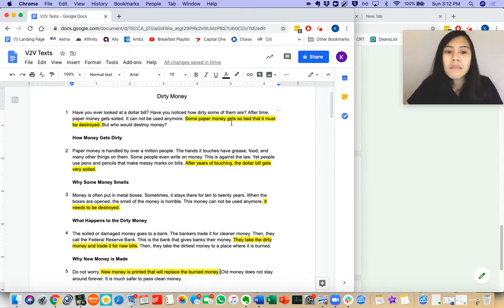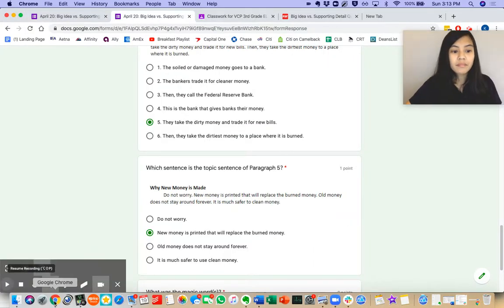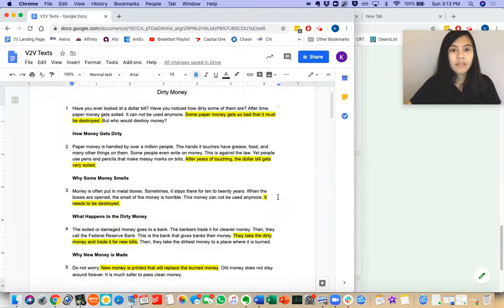Some paper money gets so bad that it must be destroyed. After years of touching, the dollar bill gets very soiled and it needs to be destroyed. Scholars, from these first 3 highlighted topic sentences, what I'm really hearing is that when money gets really dirty, like from touching and other things happening to it, that money needs to be destroyed.